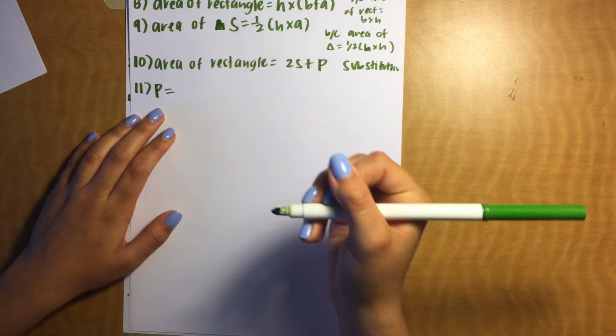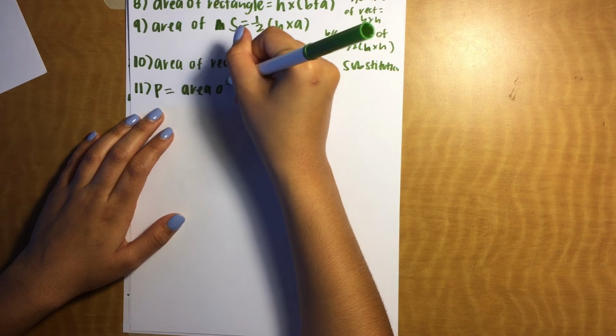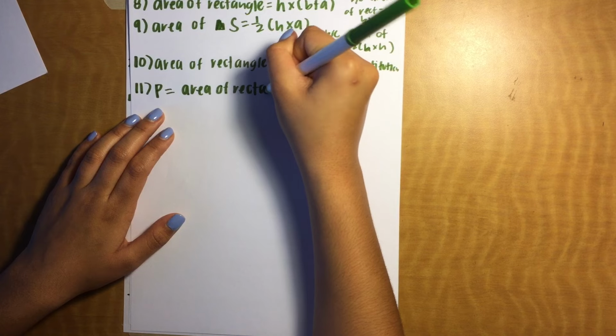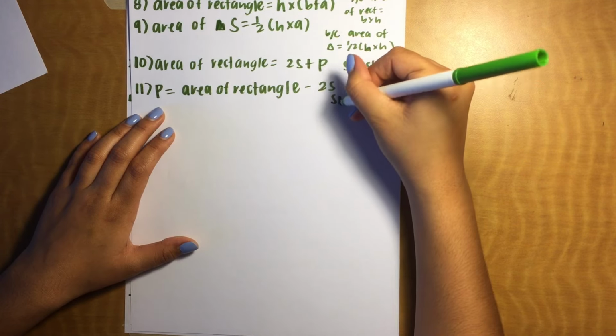So P equals the area of the rectangle minus 2S. This is just simplifying.